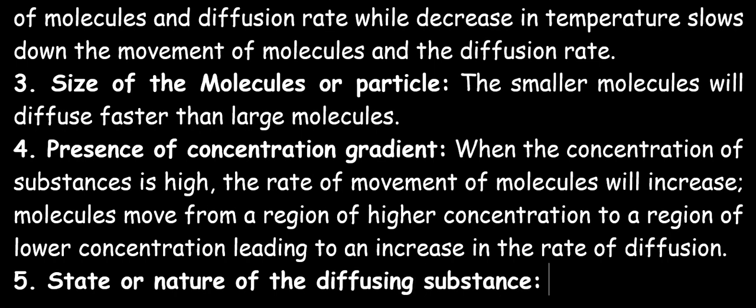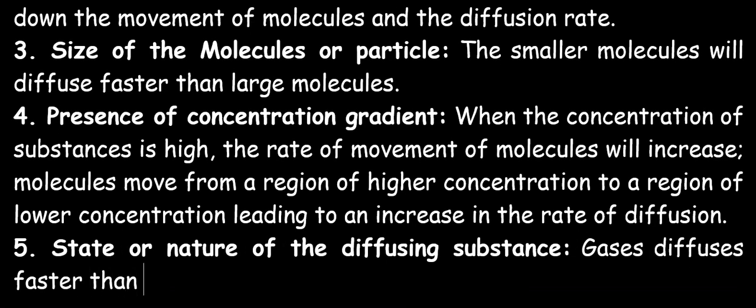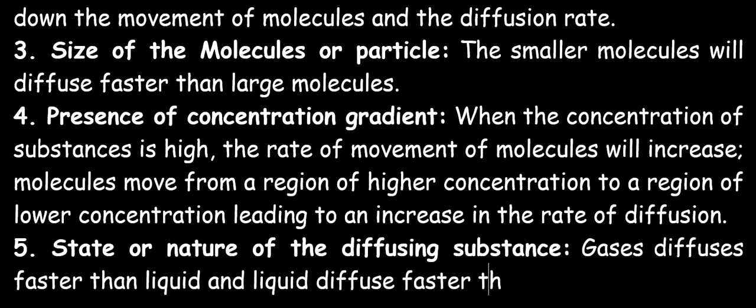If we have a gaseous substance, a liquid substance, and a solid substance, the gaseous substance will diffuse faster than the liquid. That is, gases diffuse faster than liquid, while the liquid substance will diffuse faster than solid. That is to say, liquid diffuses faster than solid.